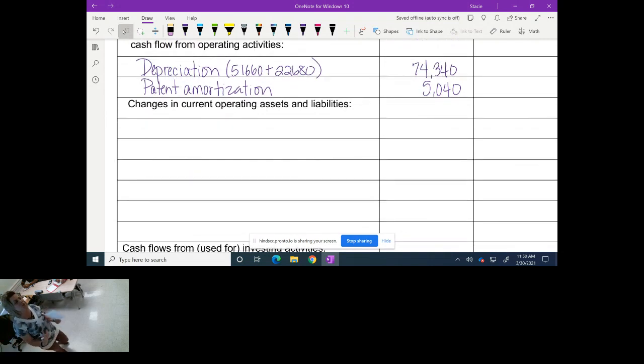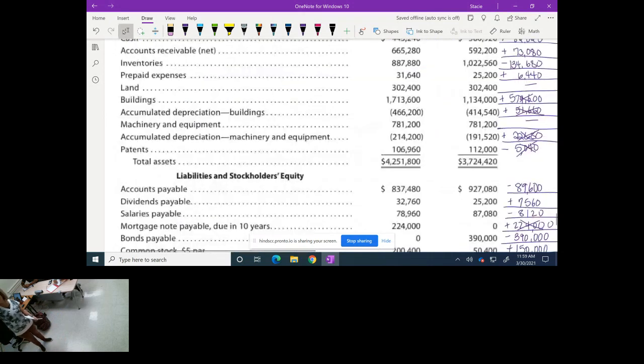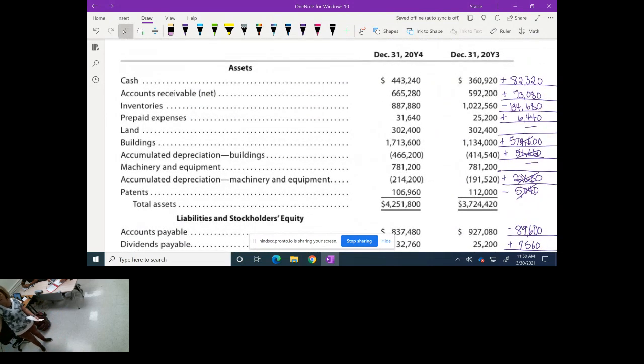All right, so now we're going to look at the changes in the current operating assets and liabilities. The change in cash is what we should get at the very bottom when we're done. So we're going to look at all these other ones. So we've got the ones that are operating.